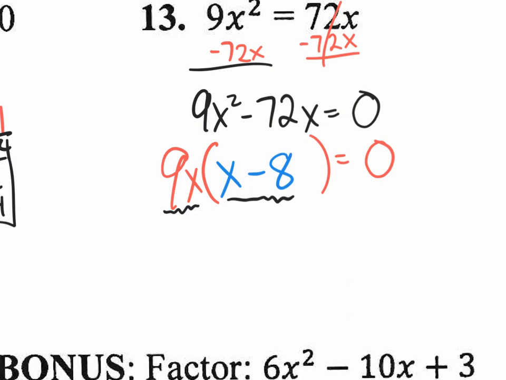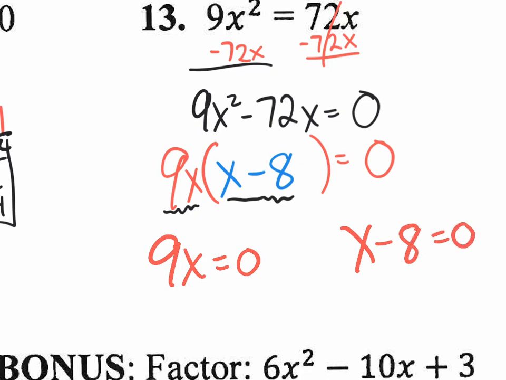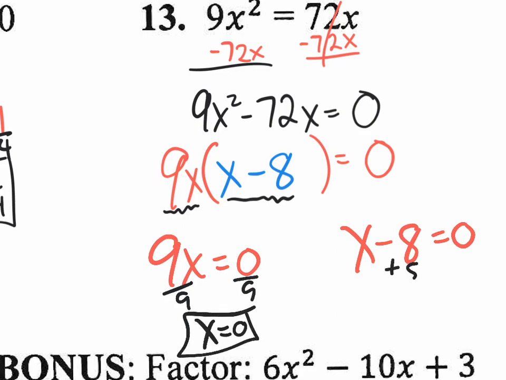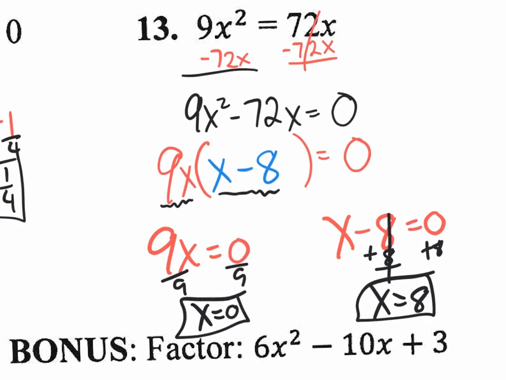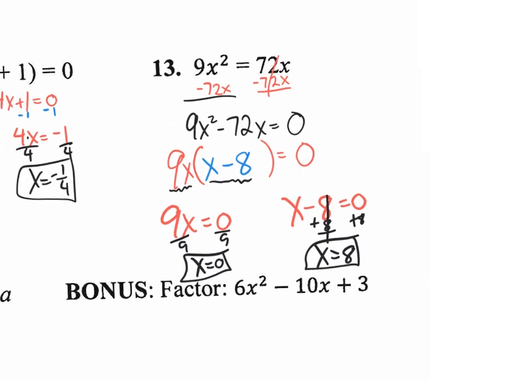We're going to take that first something and set it equal to 0, and take that second something and set it equal to 0. So you're going to divide by 9, x equals 0. That's one answer. Plus 8, x equals 8 is another answer. Let's move on to number 14.